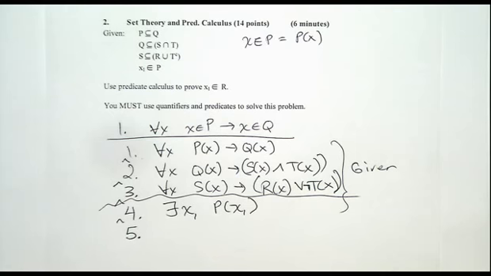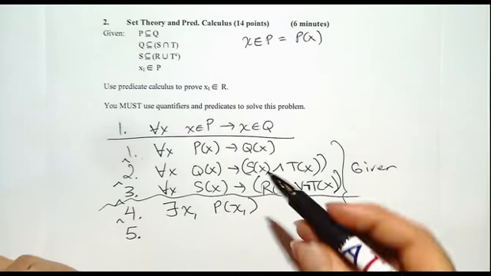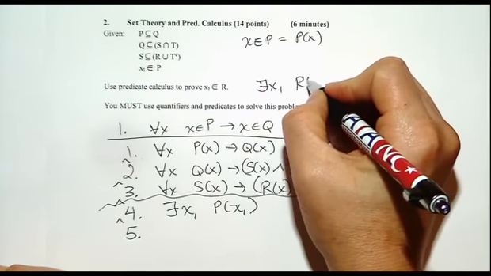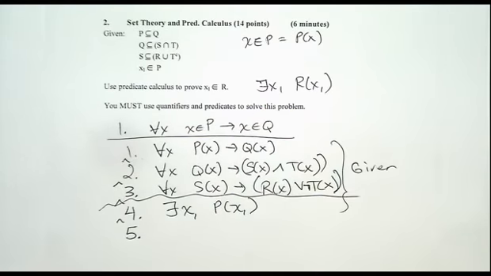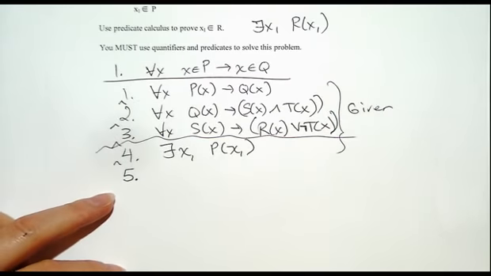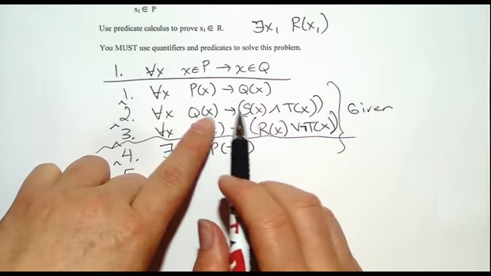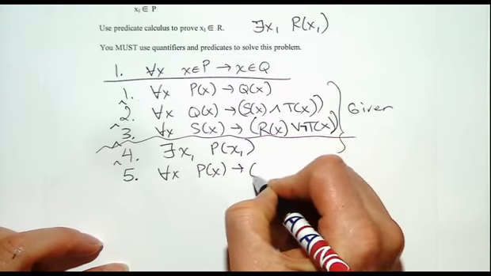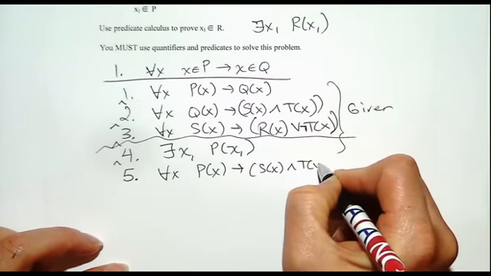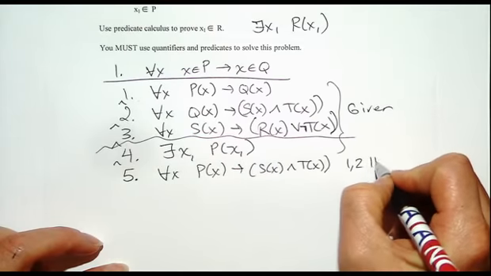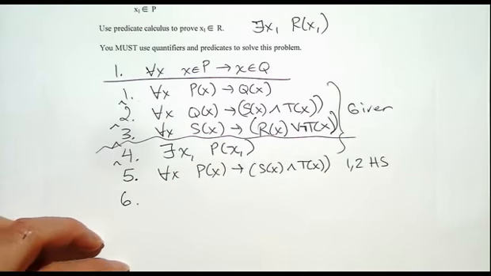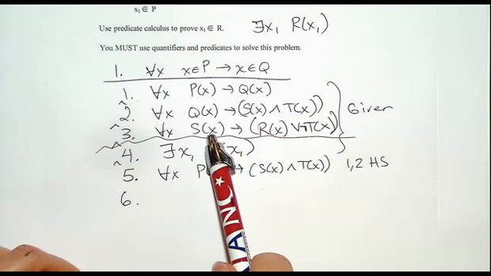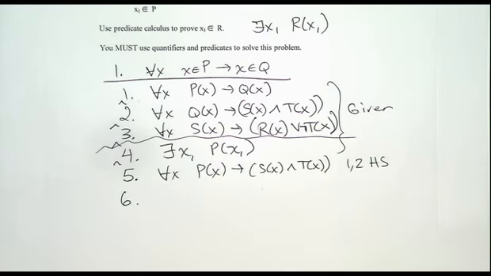So what you should do is figure out, how can I figure out that I want to prove actually there exists X1 so that X1 is in R. Okay, so it looks like I could do hypothetical syllogism with lines 1 and 2. And I did put parentheses around there. And we've got an S and a T on line 3.